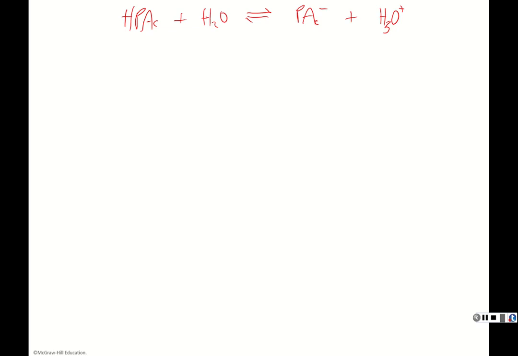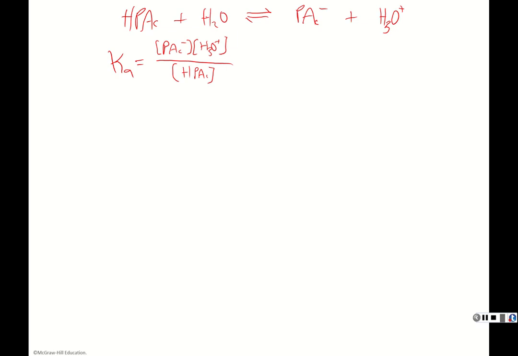We're trying to find Ka. It's asking us for a Ka. So now that we have that equation, we can write the expression for Ka. It's going to be the concentration of our conjugate base times the concentration of our conjugate acid, the products in the direction this is written, divided by the concentration of weak acid that we started with.